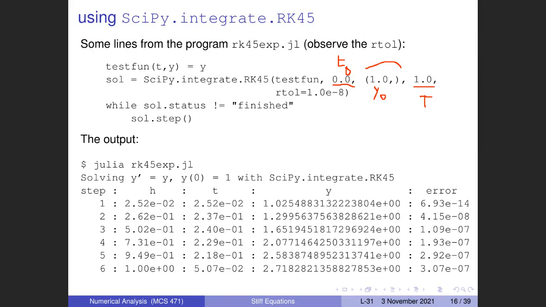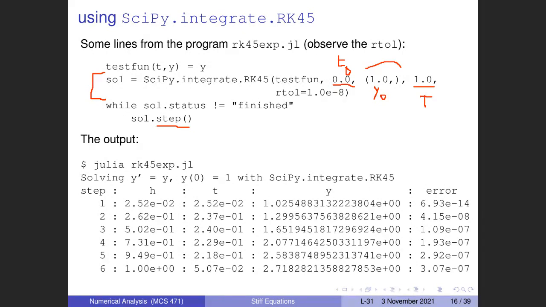So here we want 7 or 8 decimal places accuracy. So we give that as the parameter. So what this does, it defines a function. So if you like, it defines an iterator. So you can step on that, and the step will change the status. If we have reached the end, the status will be finished.